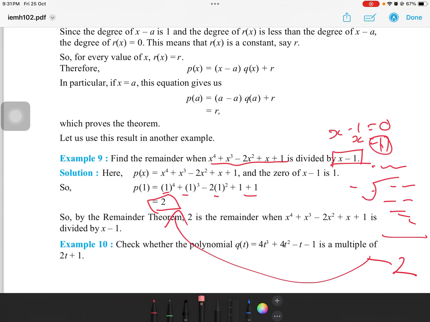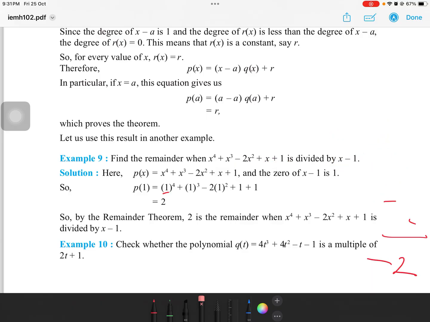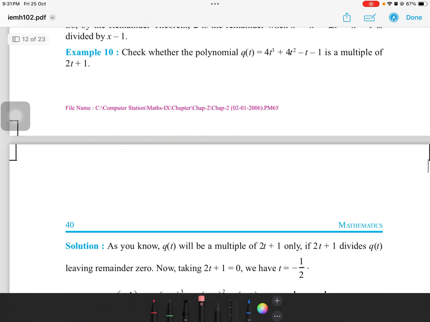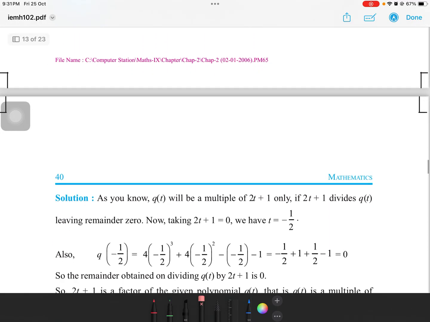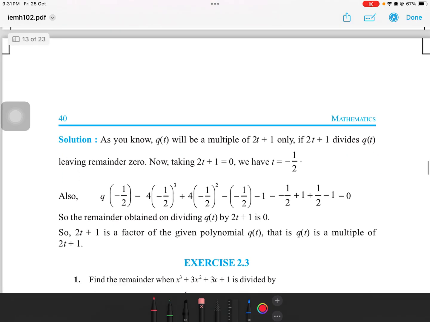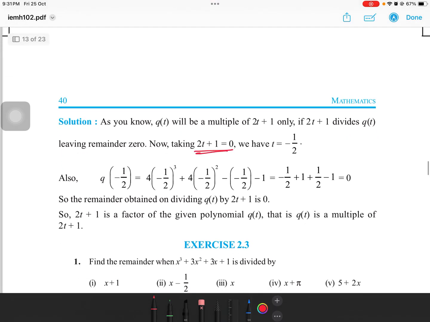So this is a shortcut for finding the remainder alone, okay. And example 10 is quite a good example, okay. Now let's consider this polynomial, okay. Now when you substitute, you're gonna get t equal to minus 1 by 2, and when you're substituting, you're getting a 0.